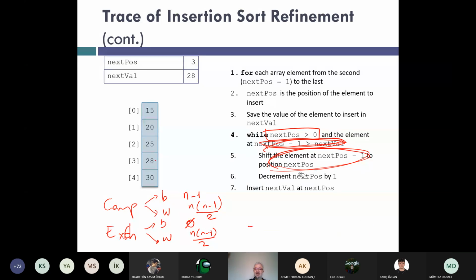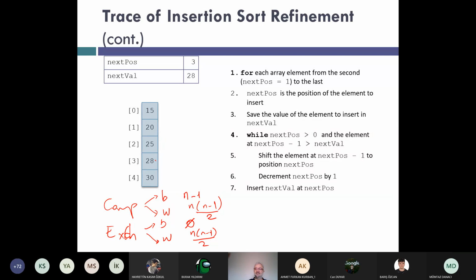As you see, this is the first condition in the while loop. And since it is not satisfied, the second condition is not checked. If you check it, it will give an error, since there is no element at next pos minus 1. If the next pos is 0, there is no minus first element in the array.